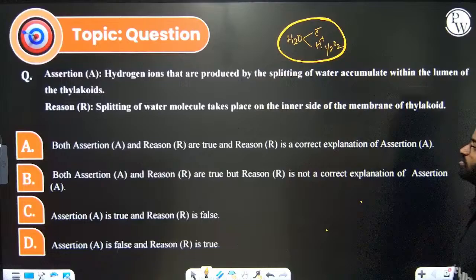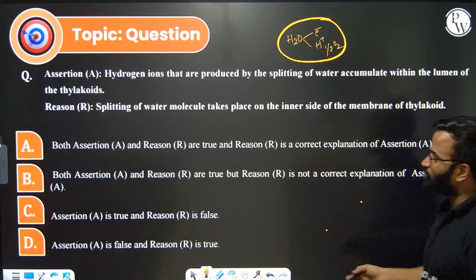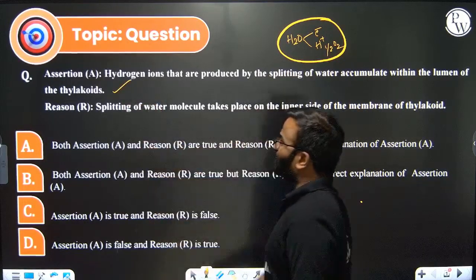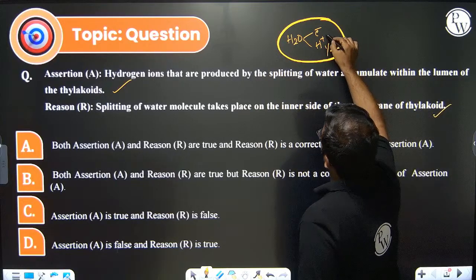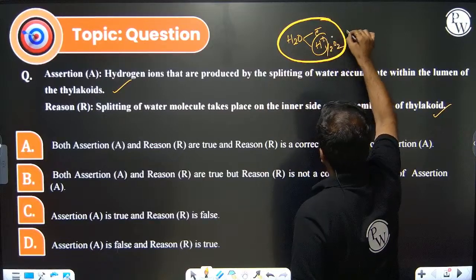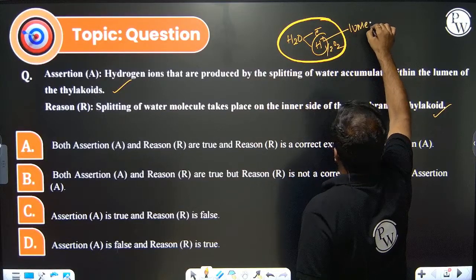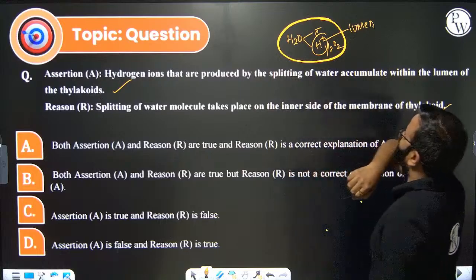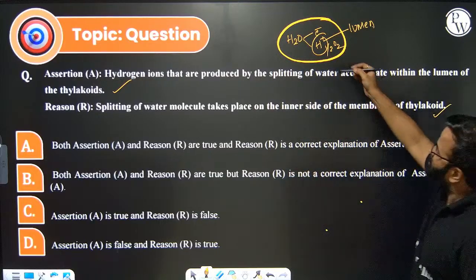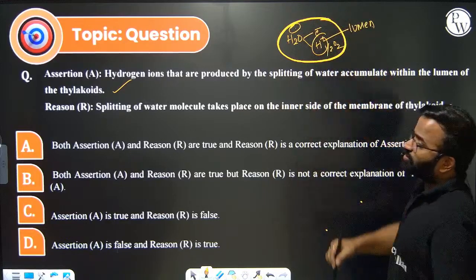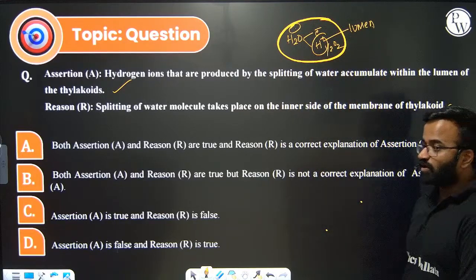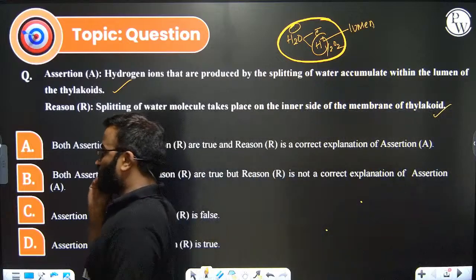So the first statement is true. Splitting of water molecules takes place on the inner side of the thylakoid membrane. So if you ask me, why do protons accumulate in the lumen? Because the water splitting complex is present towards the inner side of the thylakoid membrane, and that's the reason why the protons are accumulated in the lumen of the thylakoid.